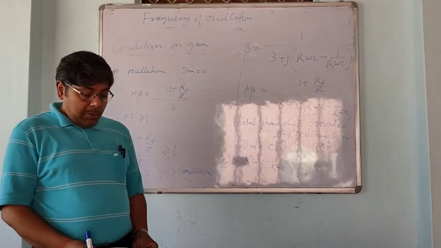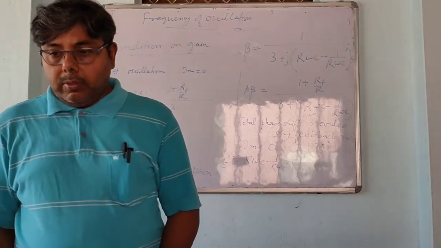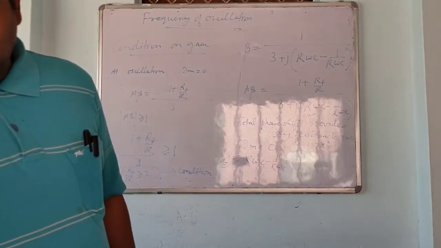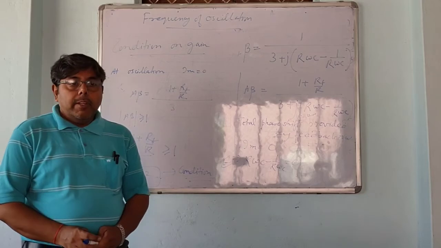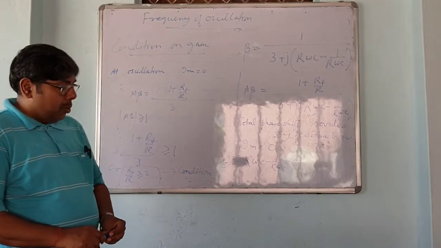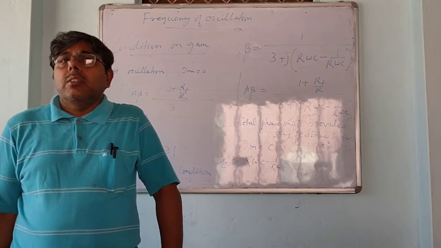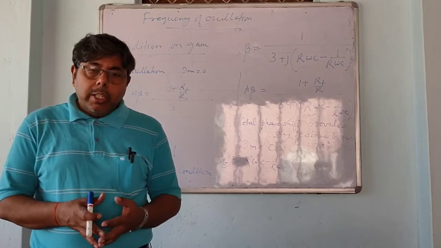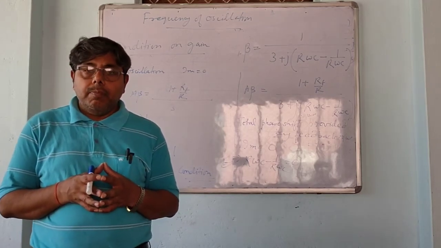So this is all about our Wien Bridge Oscillator using operational amplifier. So what is the basic concept for this? In Wien Bridge Oscillator, we have a variable frequency of it.